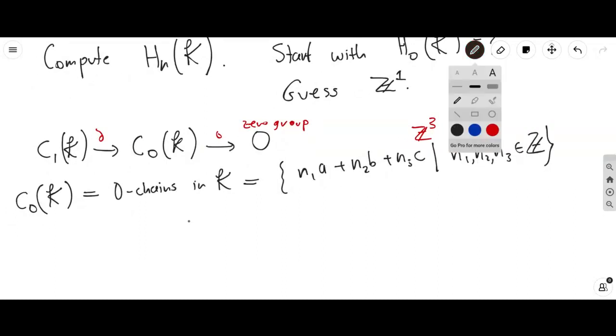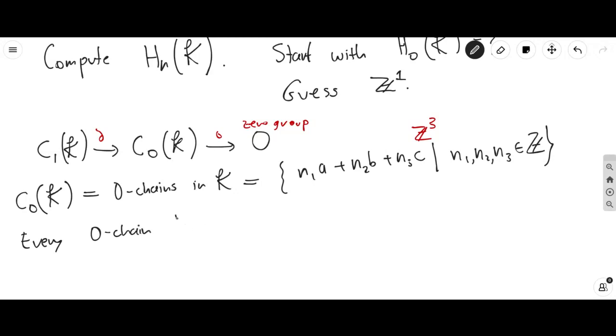Now, how do you find the 0 cycles? Well, this 0 map is sort of like your boundary map. And so if you choose a 0 chain, it's automatically a 0 cycle. So every 0 chain, N1A plus N2B plus N3C, is also a 0 cycle. To check it's a cycle, you apply the boundary map. Well, there is no boundary map, so it's just automatically 0.